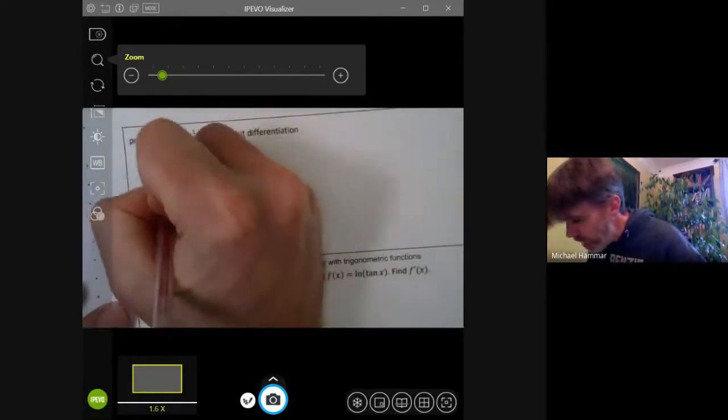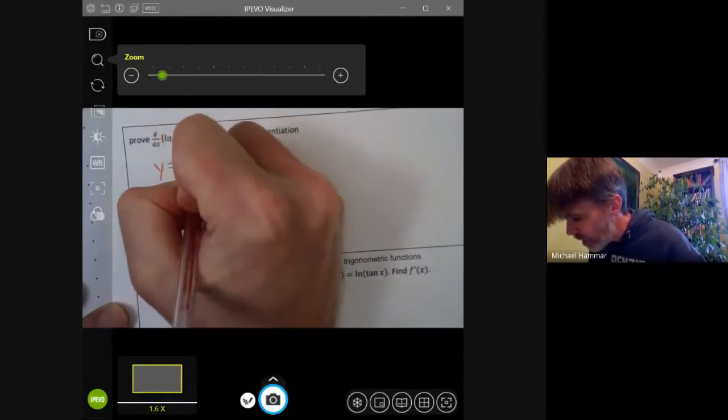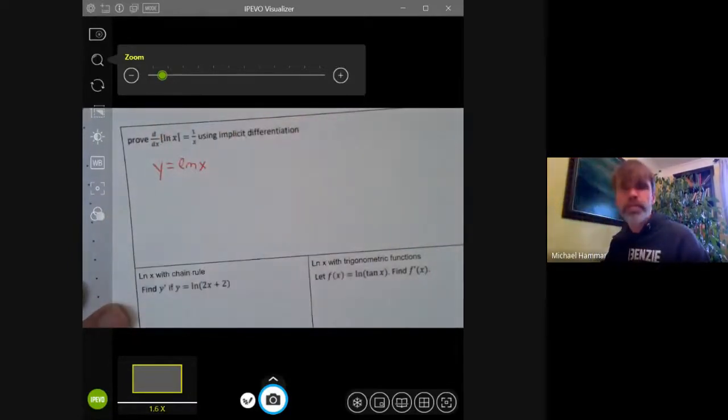We're going to say y equals the natural log of x. So we're going to define our function as this, and we're going to slowly morph it into something that we can work with. The first thing we need to remember is that in order to get rid of natural log, you can put e to something, and then e to the natural log is just whatever's there.